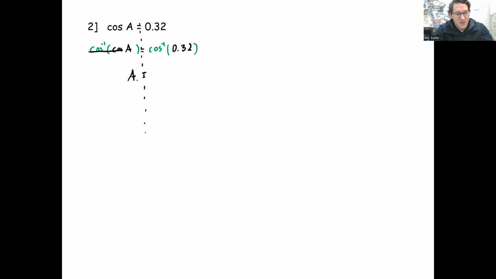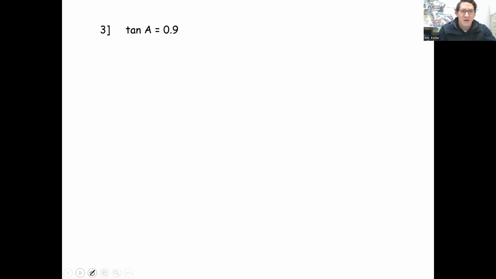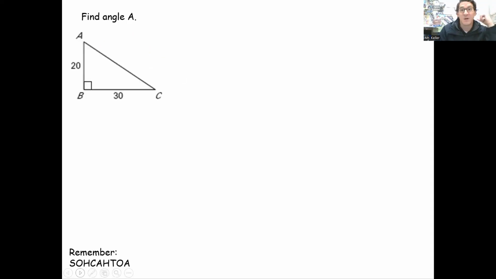The inverse cosine and cosine cancel out. So I push second on my calculator, and then cosine 0.32, and that comes out to 71.3. Same thing with tangent. We don't need to do a tangent. Let's go ahead and skip to a problem here.